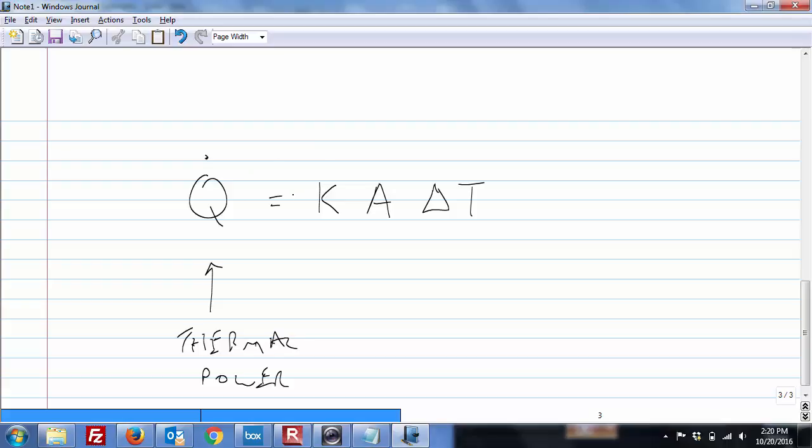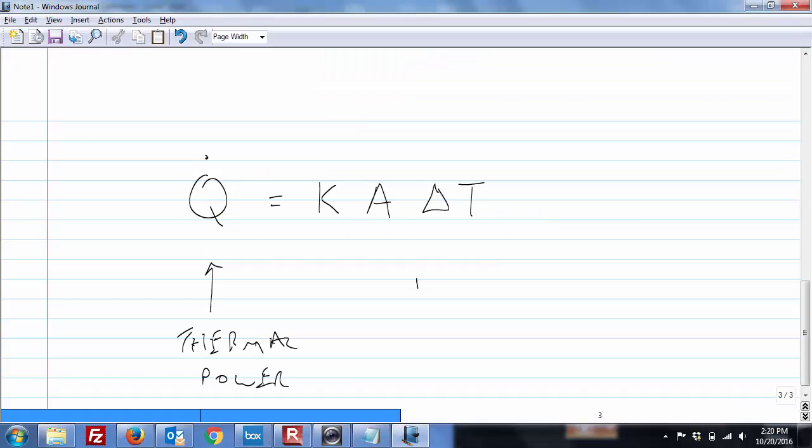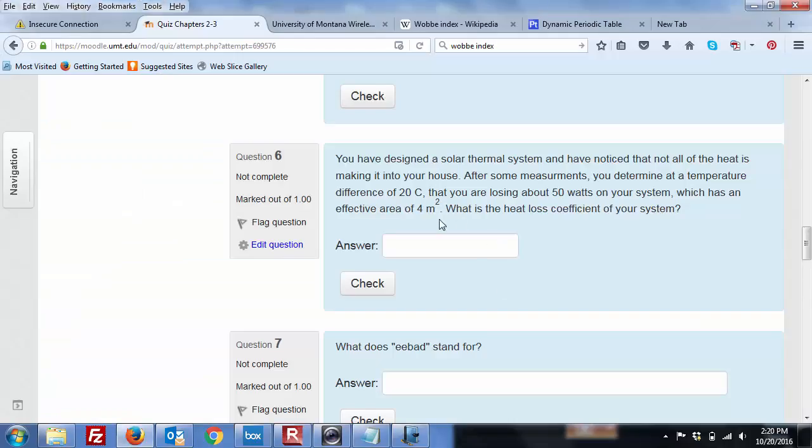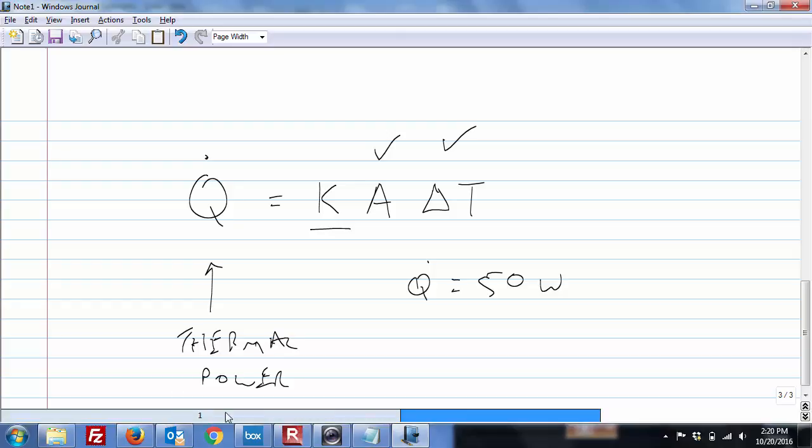So in this question, we know Q dot equals 50 watts. We're given the area and we're given the delta T. So we know that, and it's one equation, one unknown at this point. You get K on the left-hand side of the equation, and you've got it.